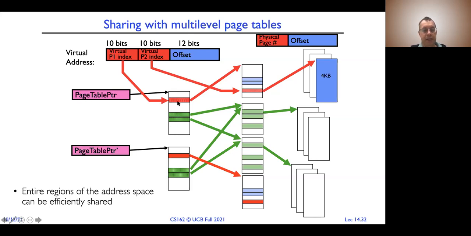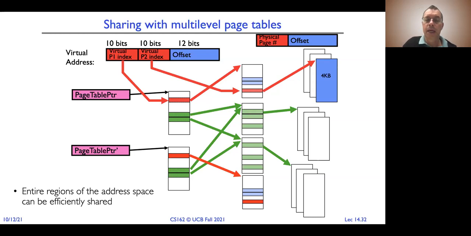The first level page table for each process is pointed to by its own page table pointer, and page table pointer prime, for the two different first level page tables. And then each of them points to second level page tables.